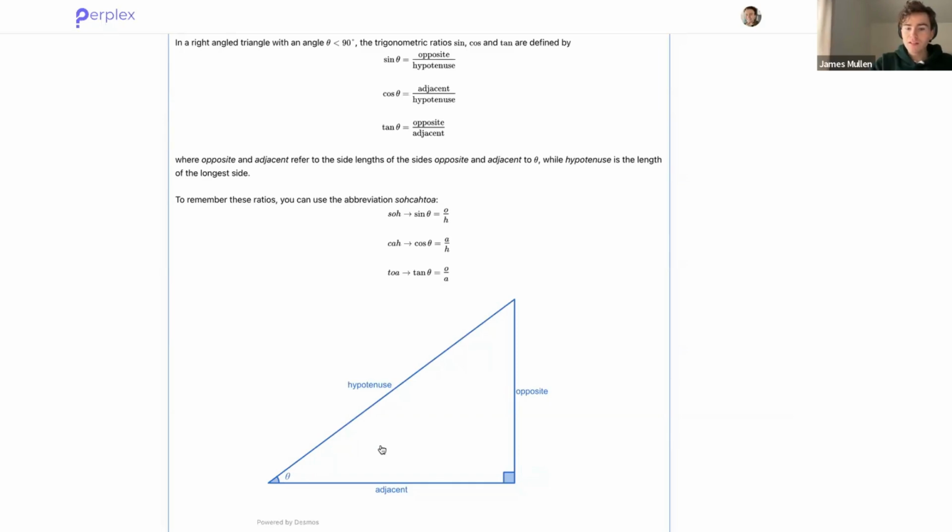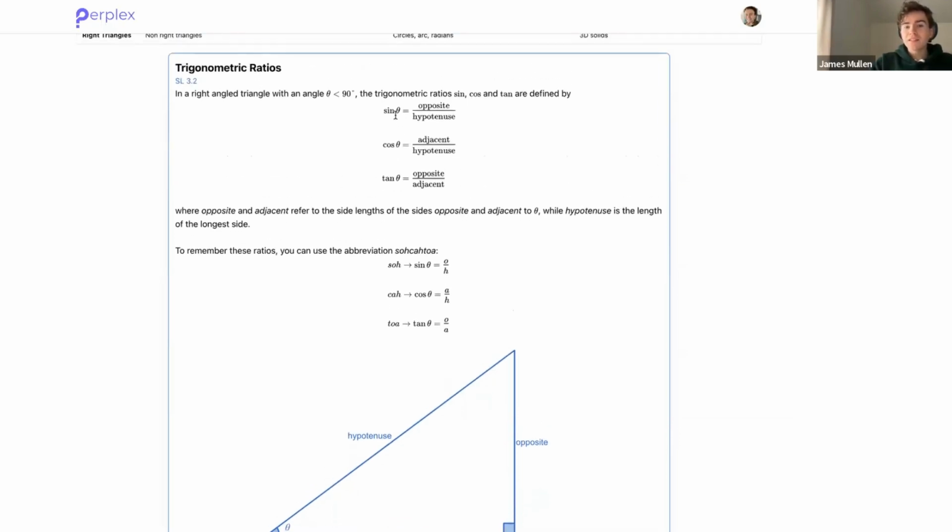Cos of theta is equal to adjacent divided by hypotenuse, and tan of theta is opposite over adjacent. So basically, sine, cos, and tan are functions that will take in a specific angle and will tell us the ratio of some specific sides of the triangle, depending on whether you're using sine, cos, or tan.